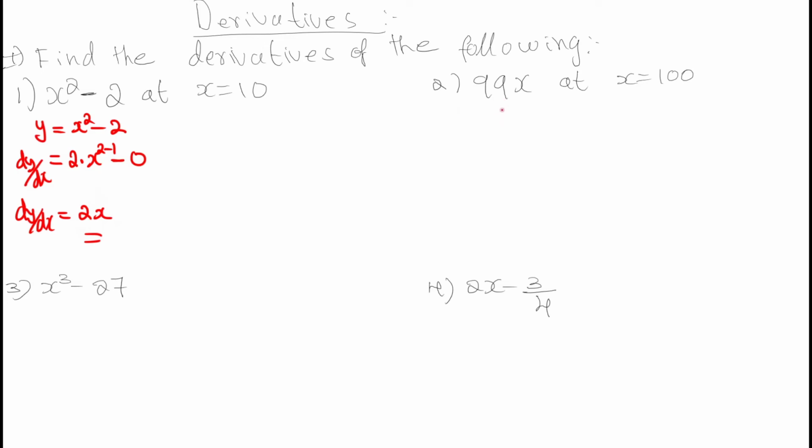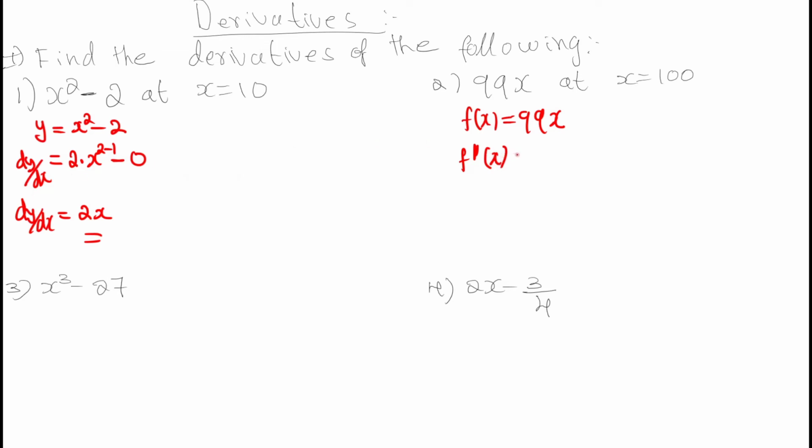Second question, see, 99x, derivative of 99x at x is equal to 100. So to calculate the derivative of 99x, you can take f of x or y. If you take f of x is equal to 99x, derivative is denoted by f dash of x. You can use dy by dx or f dash of x, any notation.